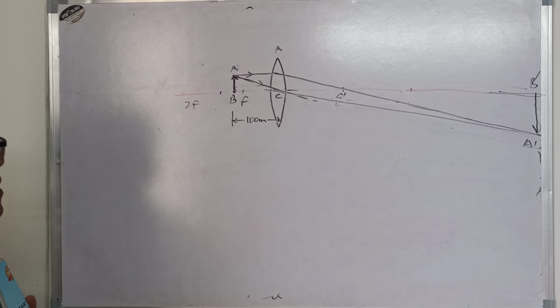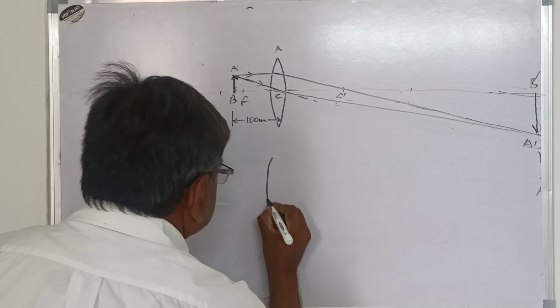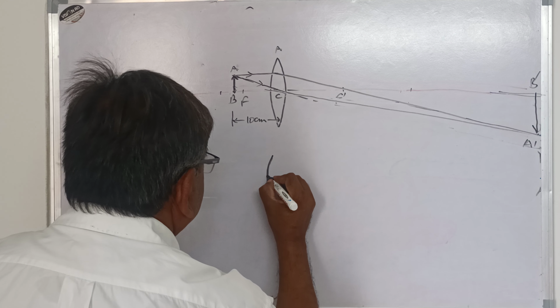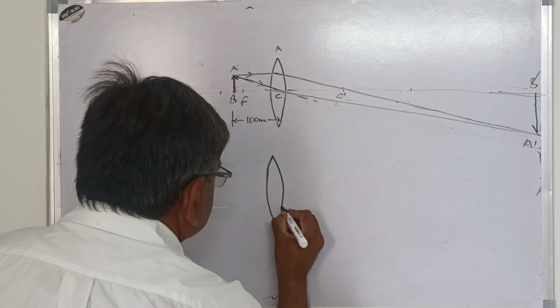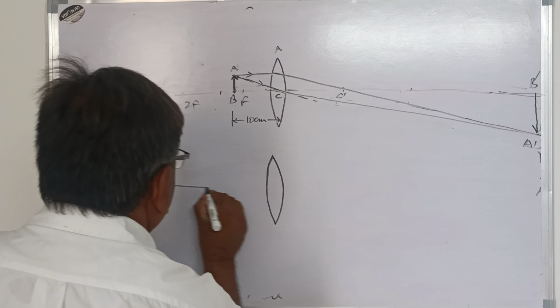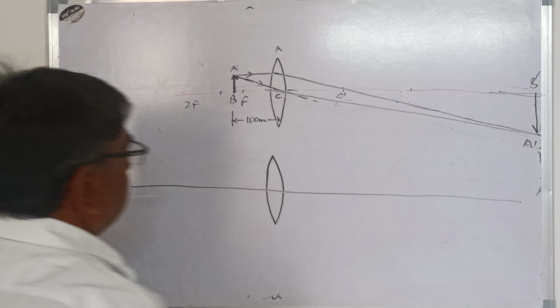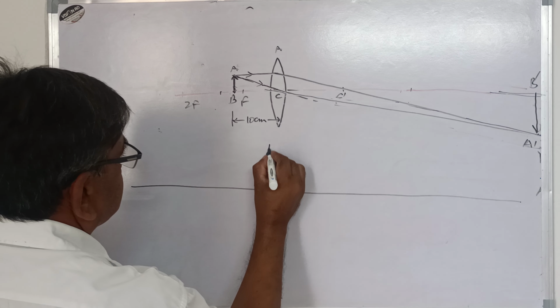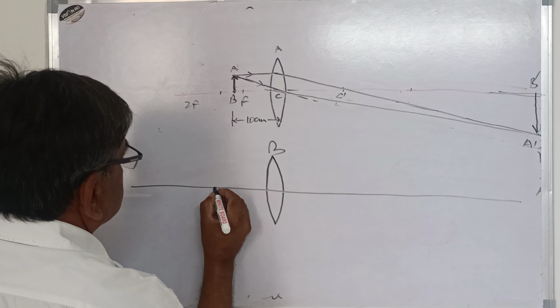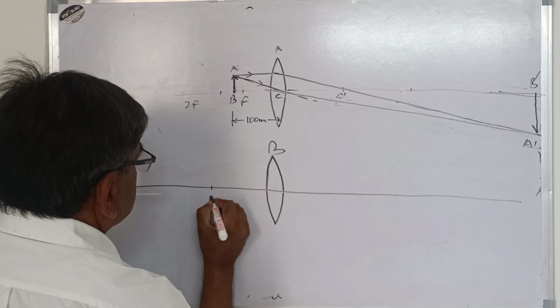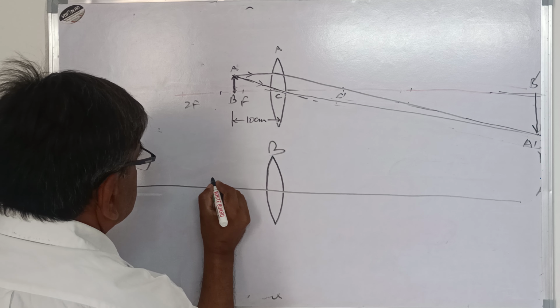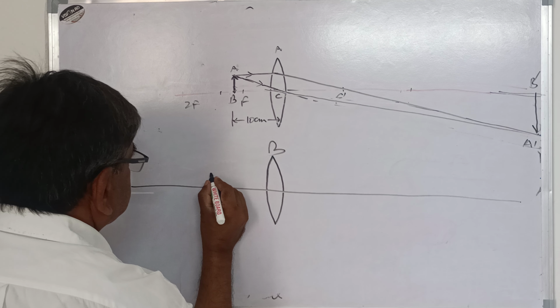Think of same size when the object is at 2F. This is lens B, this is at 2F. The object is here.